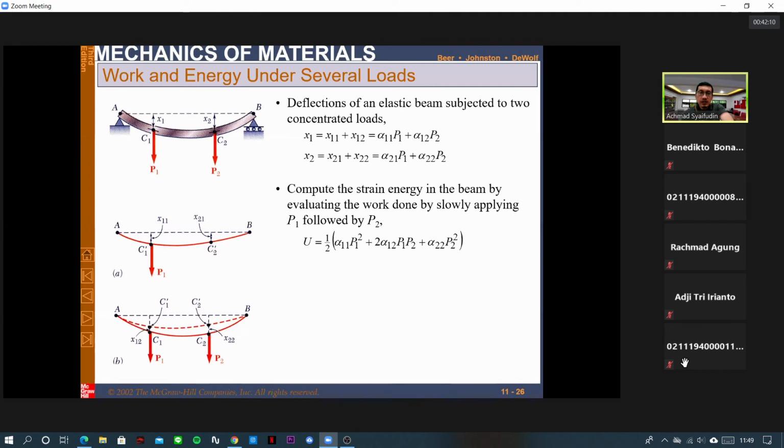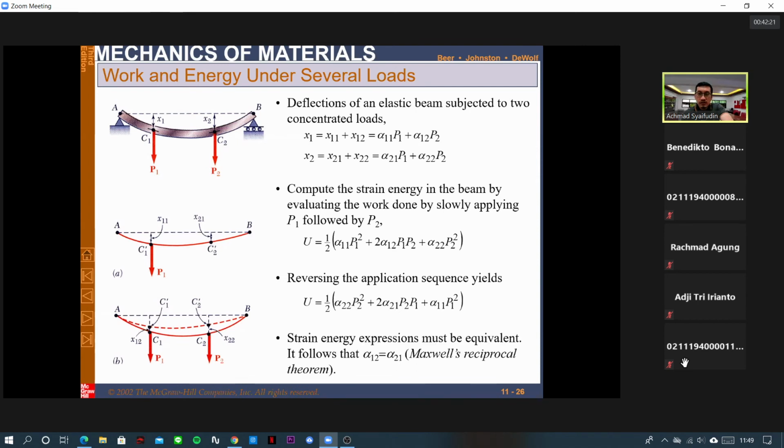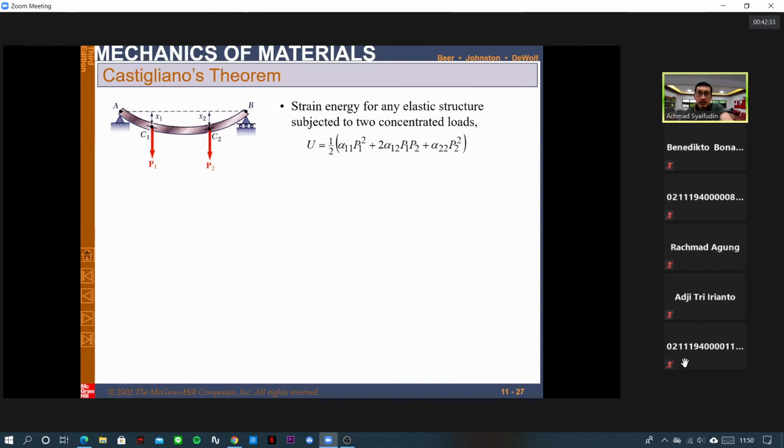This is under P1 and P2, so we need to determine based on two loads. This is the formulation, and let's see how the Castigliano theorems correlate with this problem.